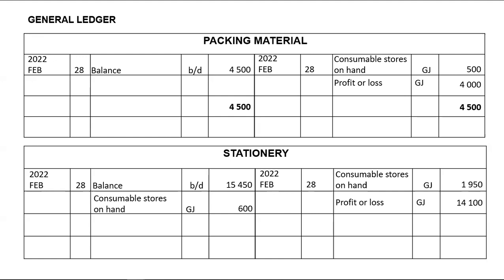How did I get that 14,100? I simply found a total on the debit side, which is 15,450 plus 600. It gave me that 16,050, and then you minus 1,950, you will get that 14,100.